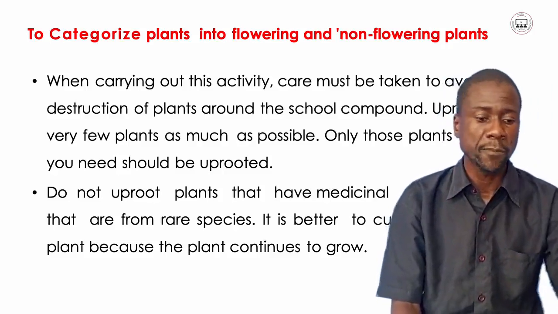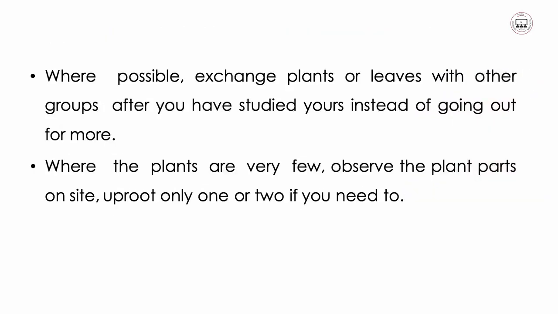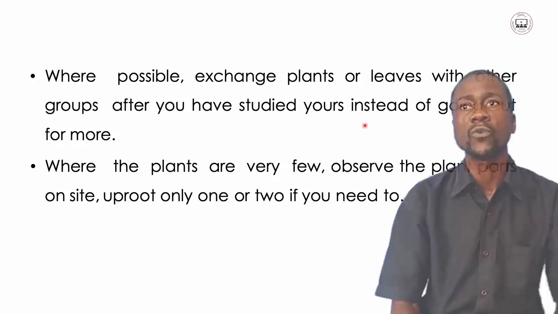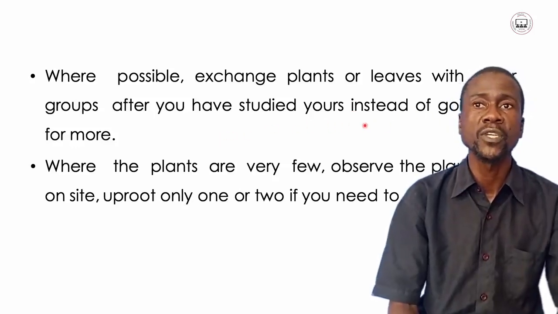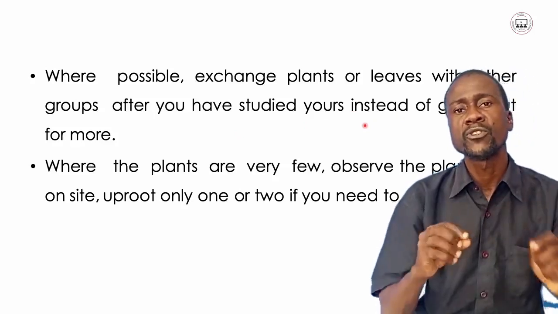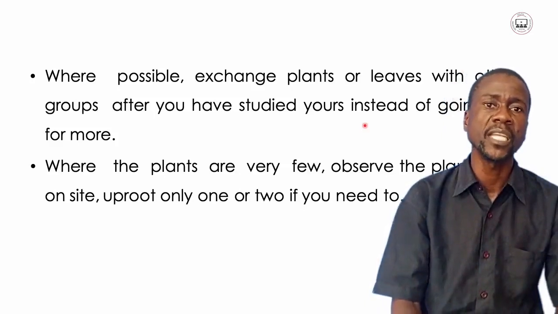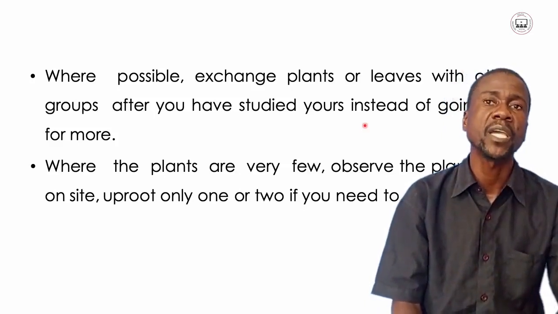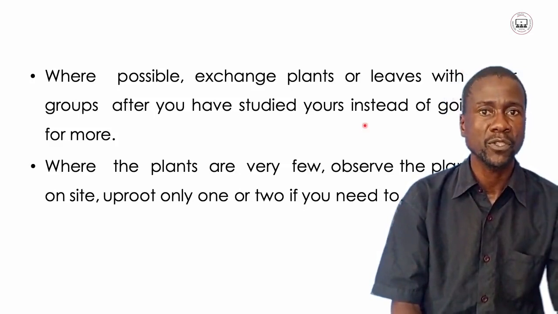And again, when it is possible, exchange plants or leaves with other groups after you have studied yours instead of going out for more. If you have groups where you also need to study these plants, just exchange the already uprooted plants so that you spare a lot of plants from your school compound.